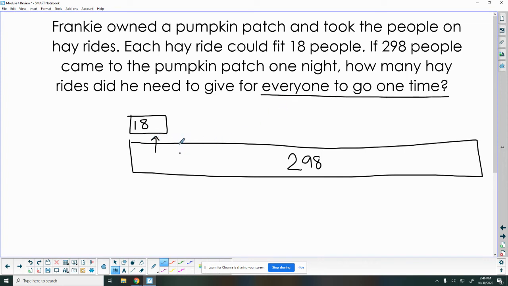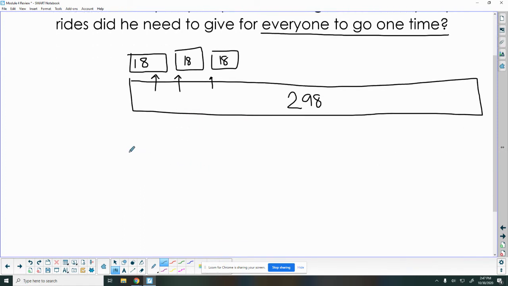So these 18 people went on a hayride. There's one hayride. These 18 people went on a hayride. There's 2 hayrides. These 18 people went on a hayride. There's 3 hayrides. So we could keep going and subtracting 18, but that's going to take us a while.